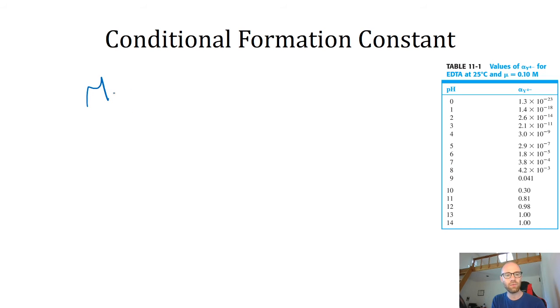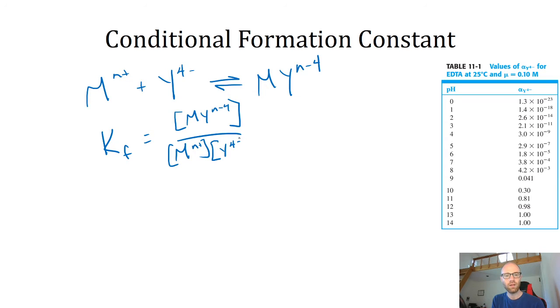So given that we had said this was our formation equation with our formation constant, instead of always figuring out what the Y4 minus concentration is at every step of the way and ignoring all of the other forms of EDTA, why don't we embrace it?